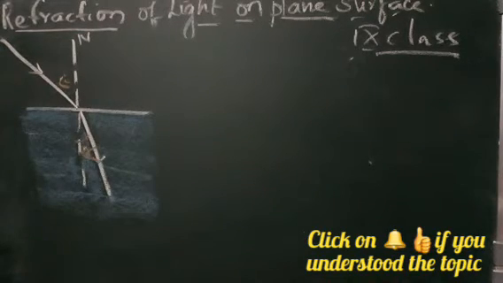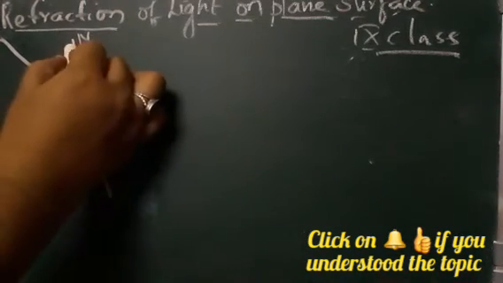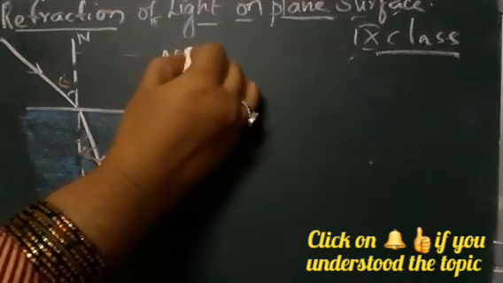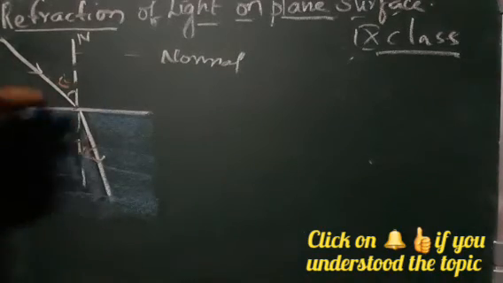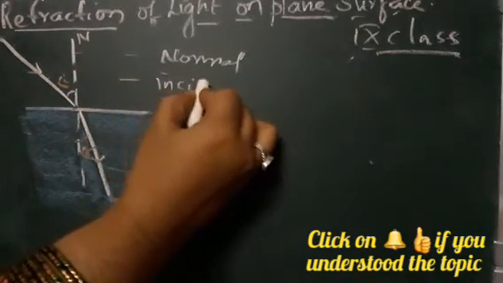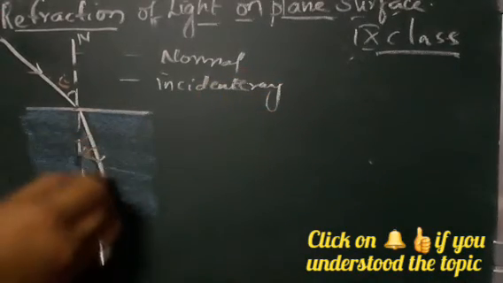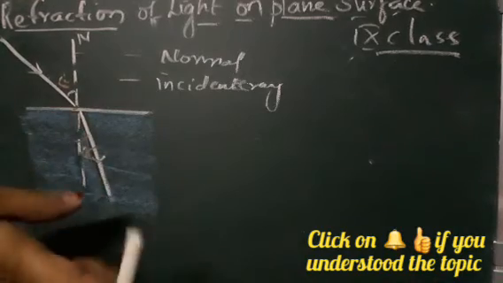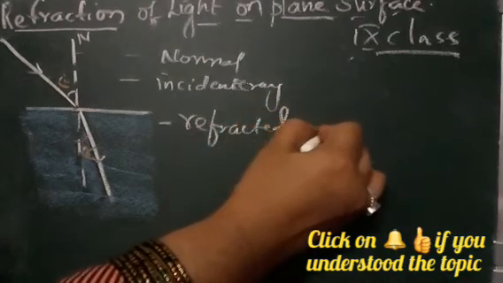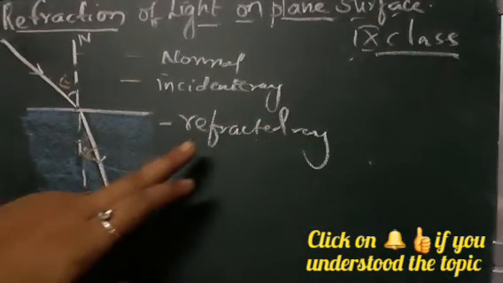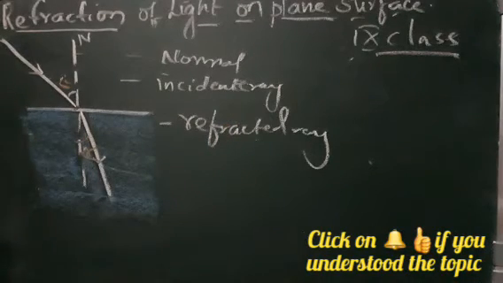The line which is perpendicular is nothing but the normal, and the ray incident on the surface is the incidence ray. The difference is the ray which gets a little bent, that is nothing but the refracted ray.